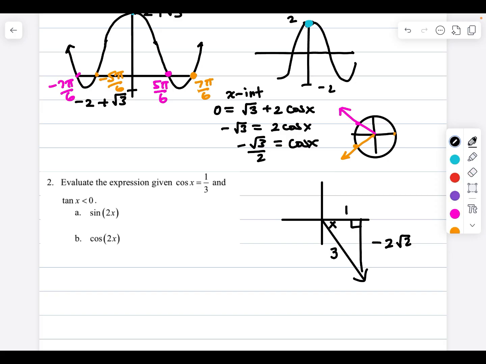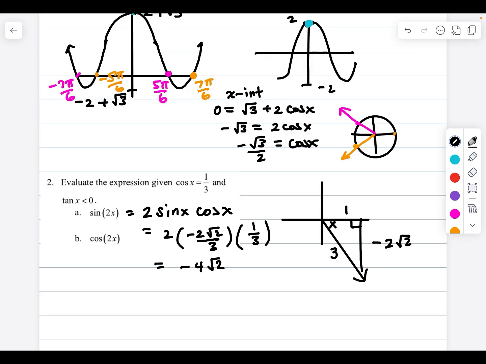So sine of 2x, I'm going to expand that using the double angle formula. So this equals 2 times, using that triangle, the sine of x is negative 2 rad 2 over 3. And the cosine of x is 1/3. Simplify this, I get negative 4 times rad 2 over 9.